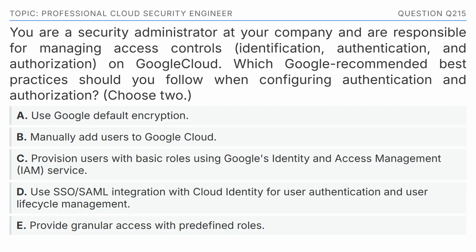Option B, manually add users to Google Cloud. Option C, provision users with basic roles using Google's Identity and Access Management (IAM) service. Option D, use SSO/SAML integration with Cloud Identity for user authentication and user lifecycle management. Option E, provide granular access with predefined roles.